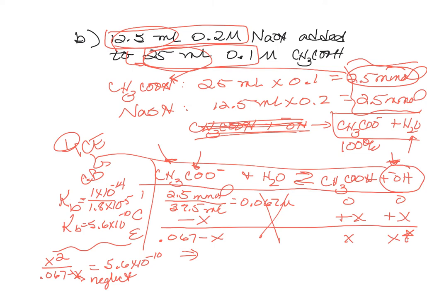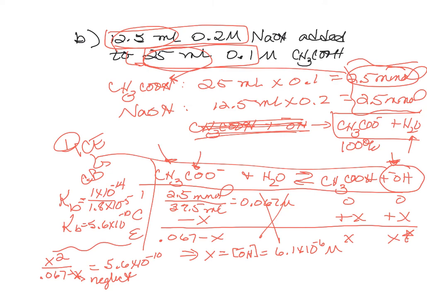Alrighty, and then when we solve for x, so let me calculate what I get real quickly. All right, so x, remember, is hydroxide concentration, and that equals 6.1 times 10 to the minus 6 molar.